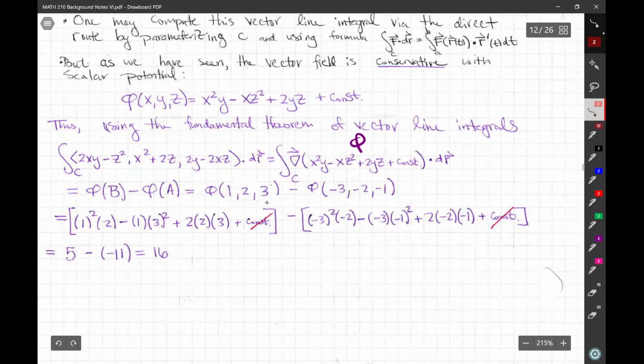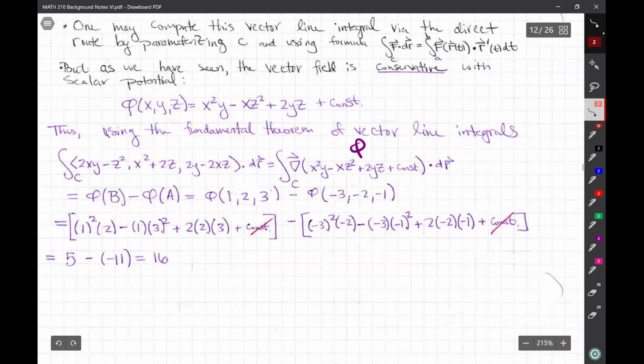Now you just plug in that point (1, 2, 3) into your scalar function, and you plug in the point (-3, -2, -1) into the scalar function. Notice here I didn't even plug in a value for the constant. You could set it equal to 0 if you would have liked, but no matter what you set it to, these two will always subtract.